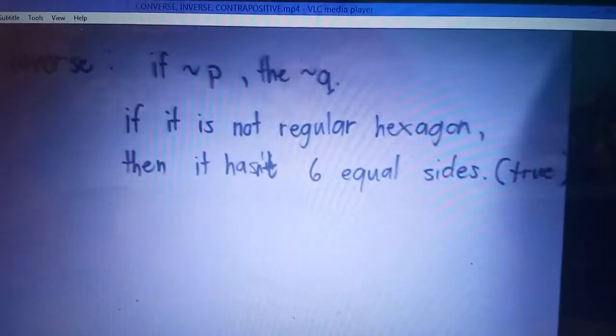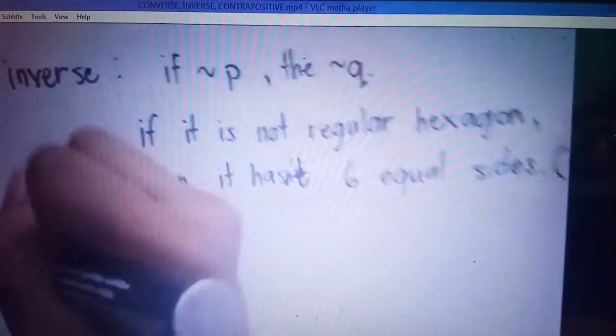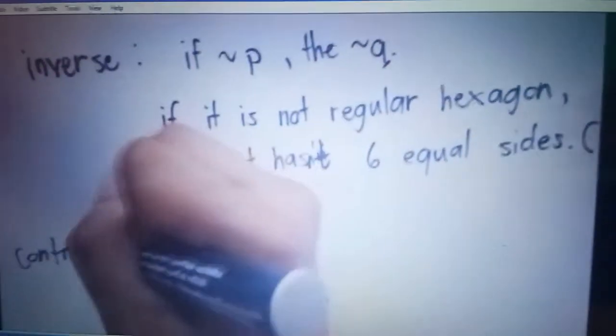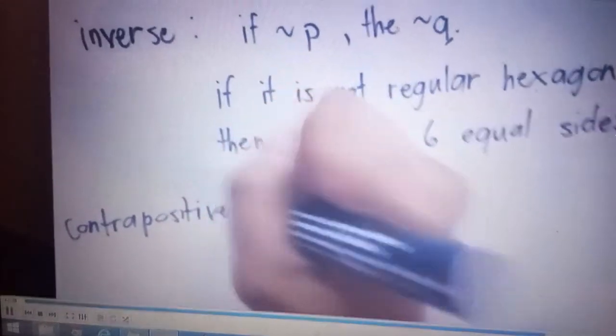Next we're going to write the contrapositive statement.